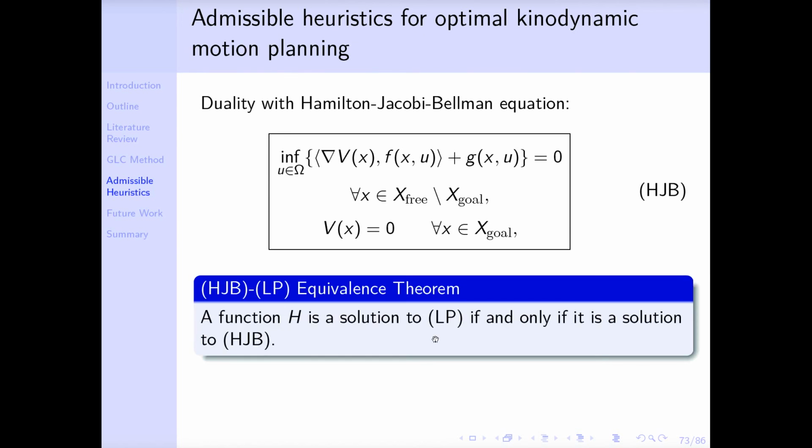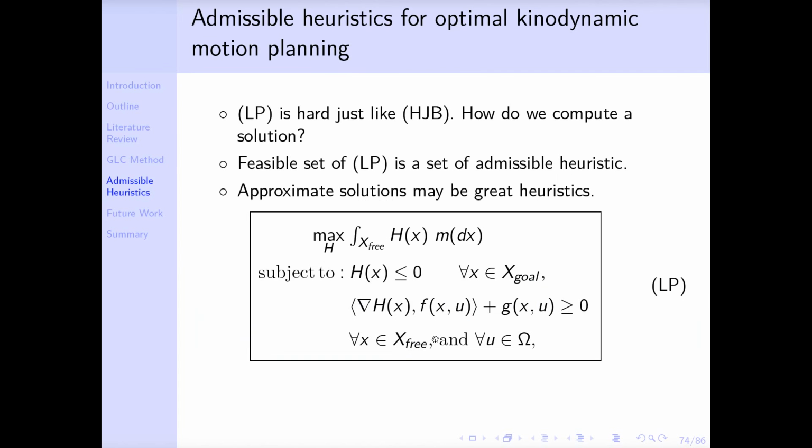So to answer the first question, we have the following equivalence theorem or duality theorem that says that a function h is a solution to the linear program if and only if it is a solution to the Hamilton-Jacobi-Bellman equation. So that's a pretty cool observation. It also tells us that this formulation is a reasonably good one. So if we solve this problem, we'll have the exact optimal cost to go.